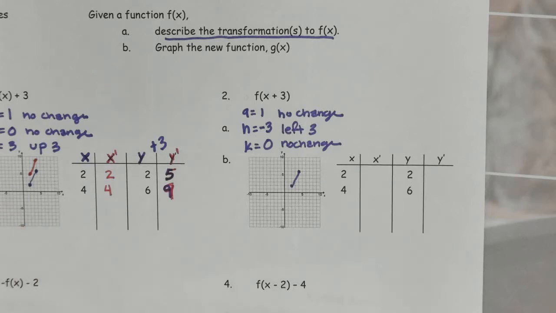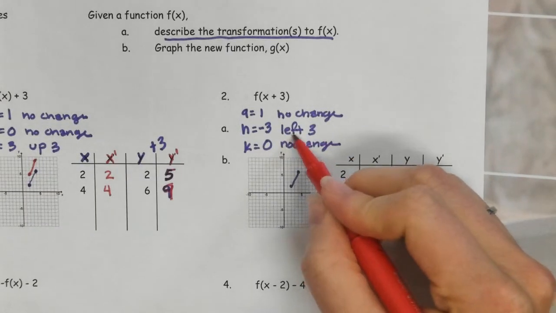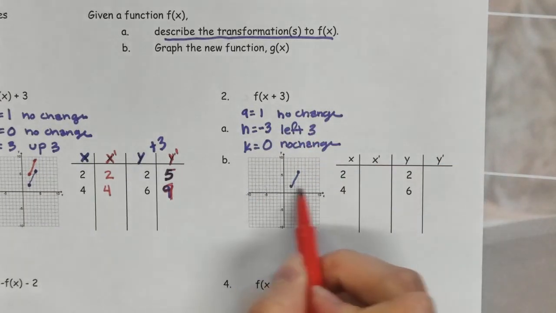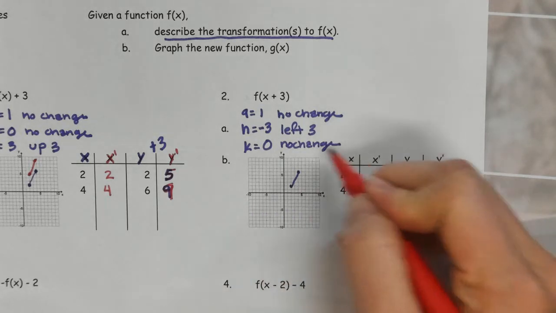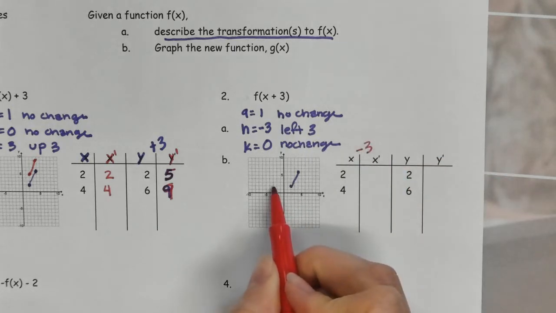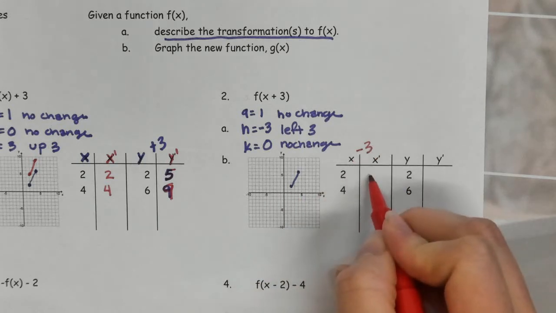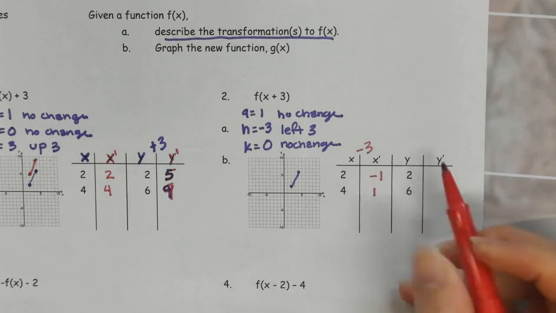Okay? So, now, no change left. If I'm going left and right, I'm changing the x values. So that's what this is. So I'm going to subtract 3 because that's what I'm needing to move 3 to the left. So 2 minus 3 is -1. 4 minus 3 is 1.